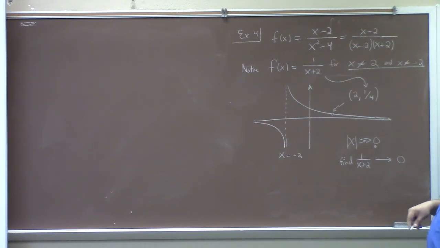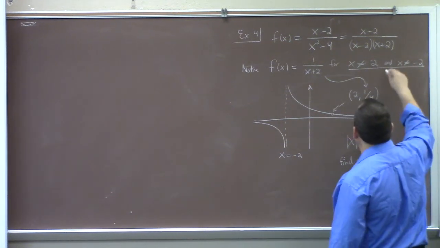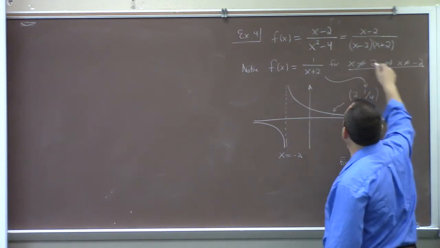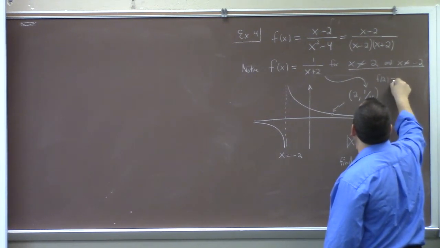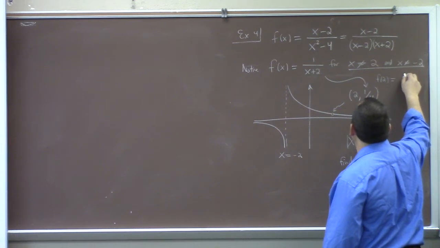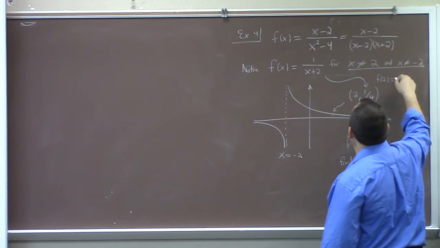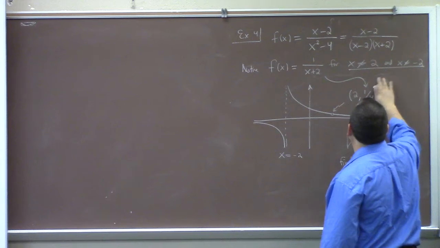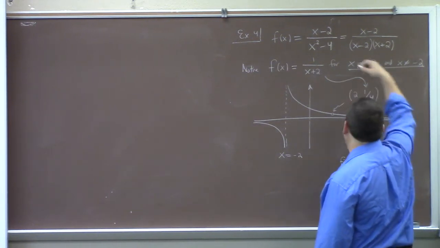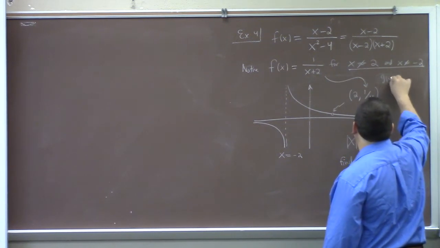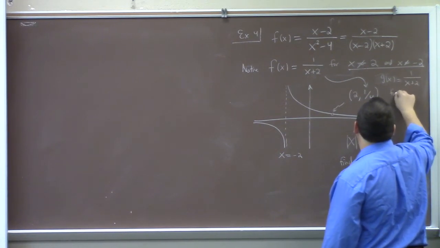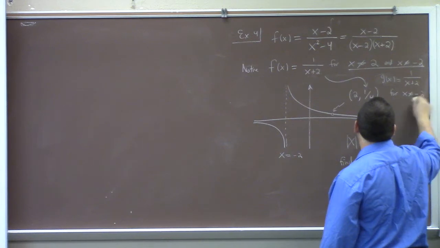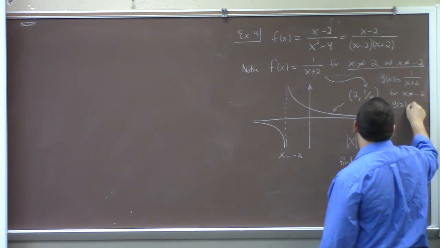What are you asking about a half for? Oh, this is 1 over 2 plus 2. So what I'm trying to say here is I could define a new function, g of x, equal to 1 over x plus 2, for x not equal to minus 2, and like g of 2 is 1/4.